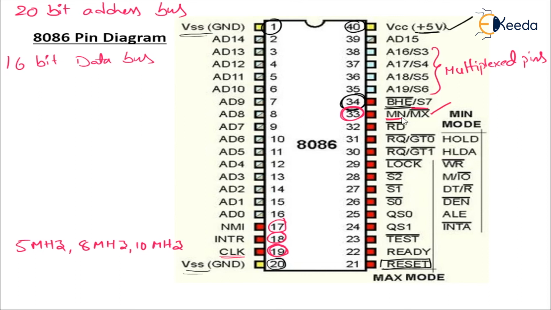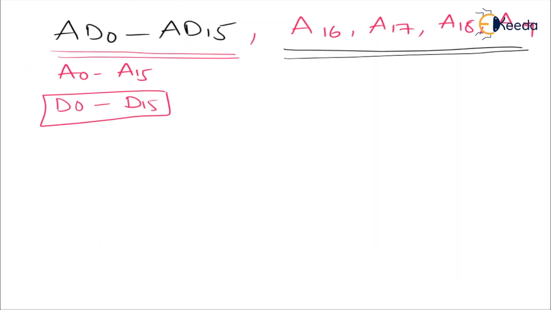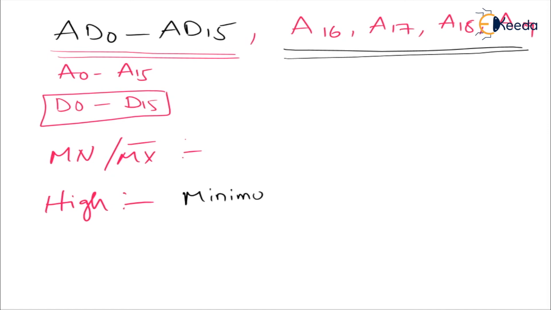Right? When mn by mx bar is high, that means it is operated on which mode? High indicates minimum mode. Remember this. Minimum mode means the processor is operated as a single processor.